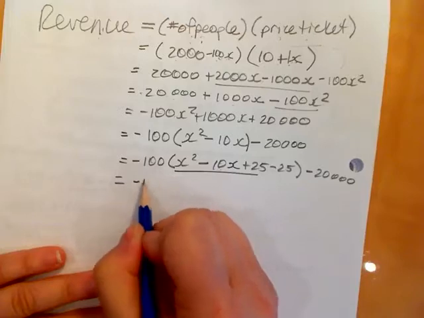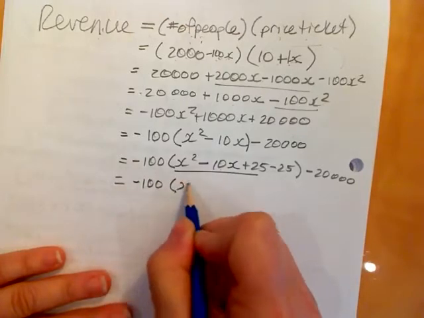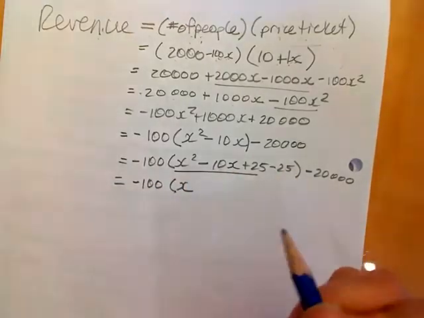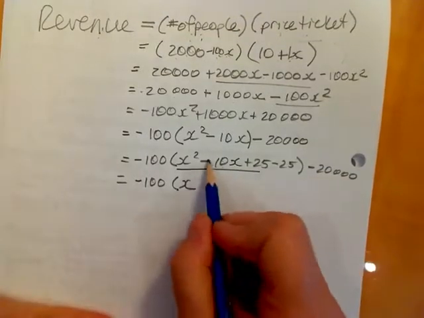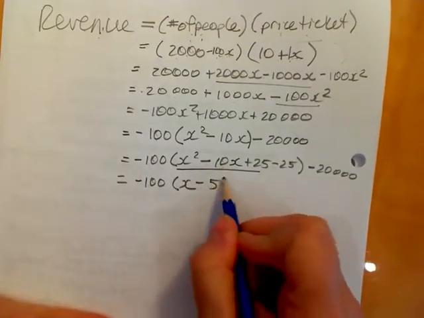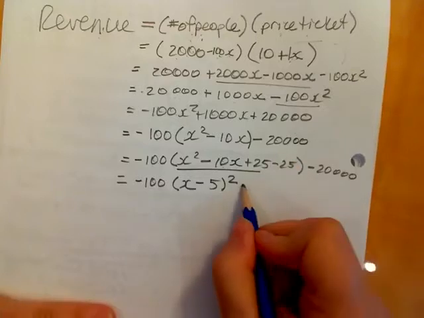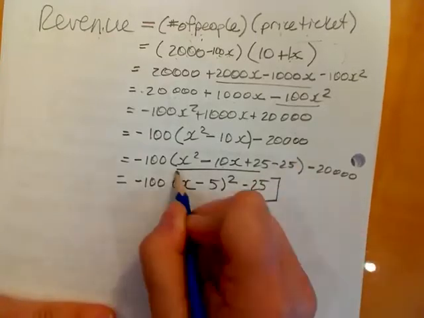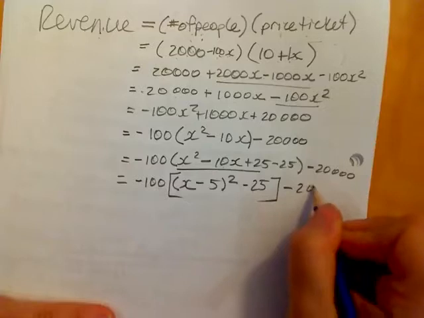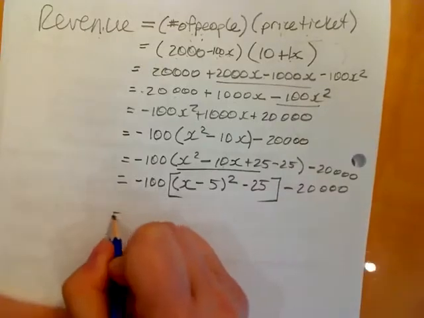These three are a perfect square trinomial, which is why we did this whole plus 25 minus 25 in the first place. That sign goes there. Half of 10 is 5. And then we have negative 25. And then minus 20,000.